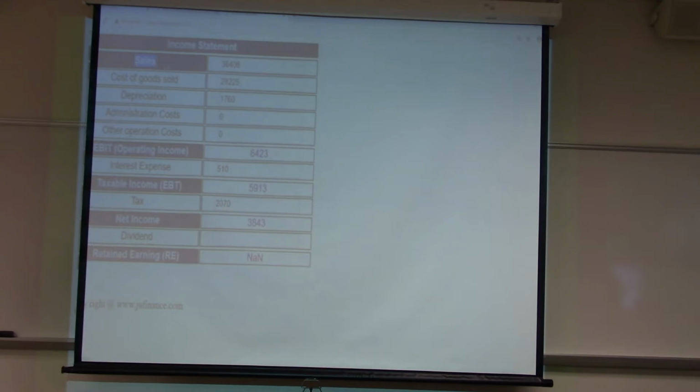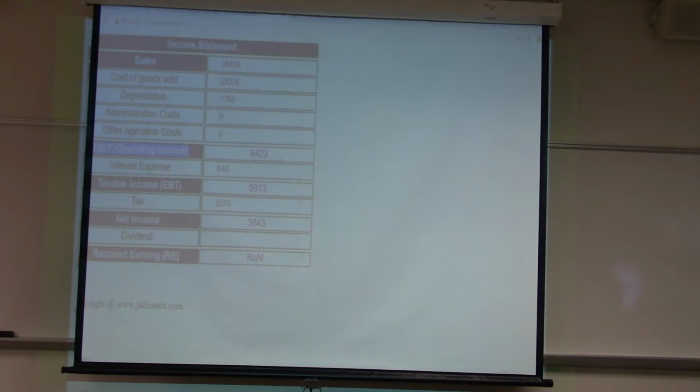If you use sales minus cost of goods sold, that's EBITDA. I didn't put it here, but I can add one column there. But this is EBIT, or it's operating income. And that one is called gross income.